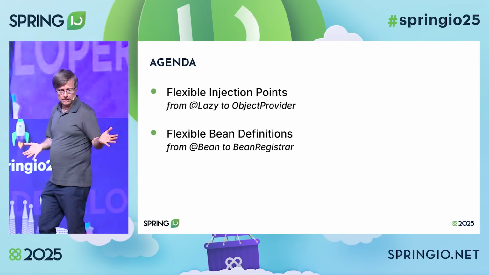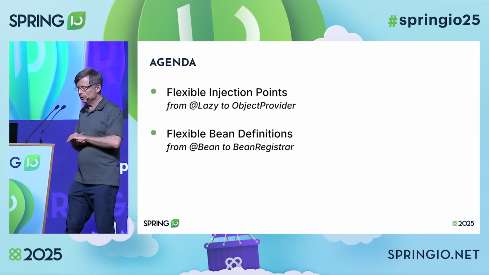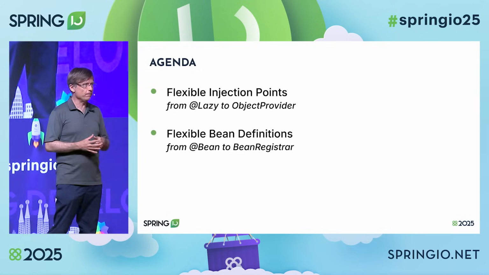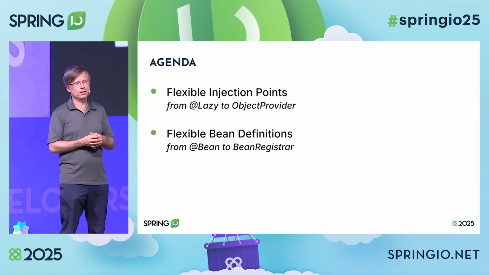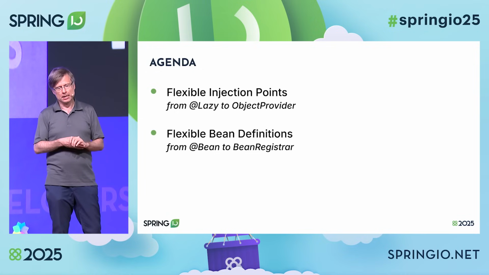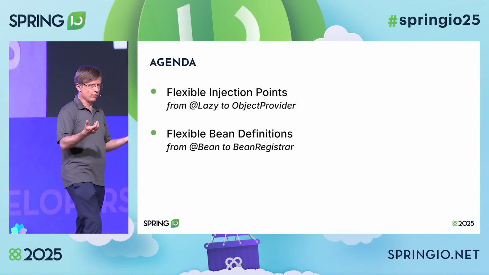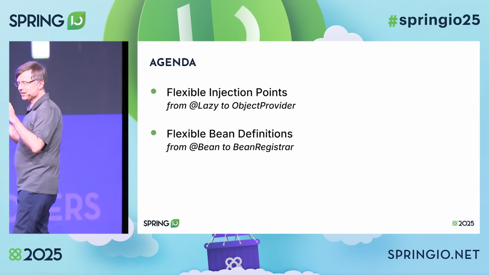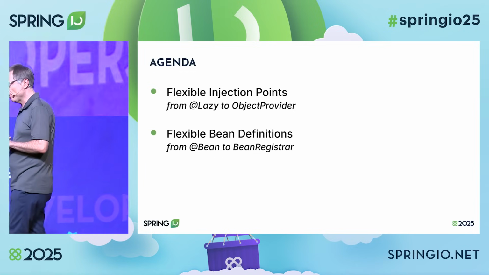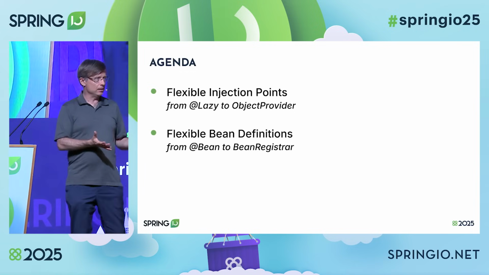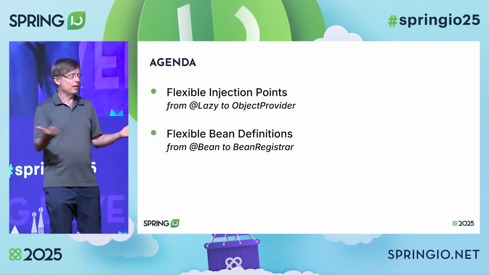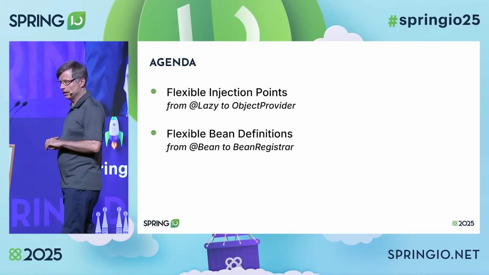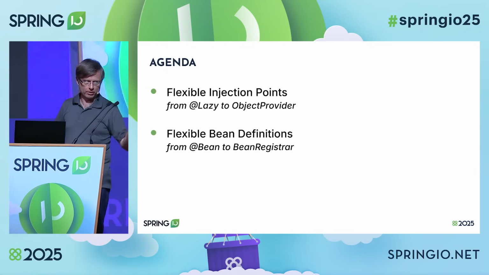And towards the end of this session, I'm going to talk about Bean Registrar, which is a brand new feature that just recently landed in Spring Framework 7.0 milestones as a variation of basically the bean definition topic. So towards the end, there's some 7.0 specific part waiting, but everything else is basically there right now for immediate consumption, almost guaranteed to be in the Spring version that you're currently using.